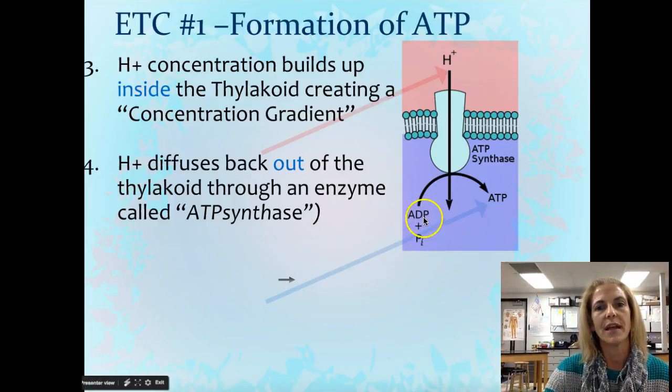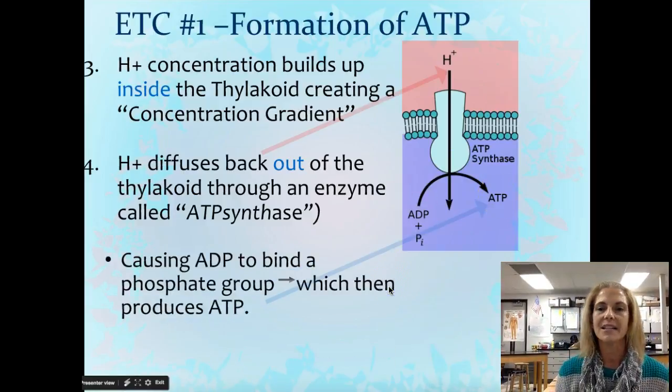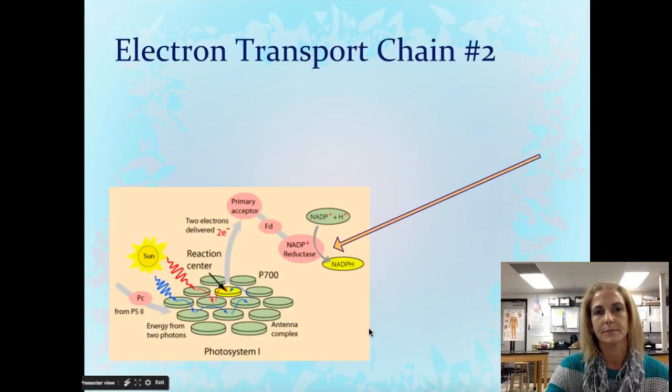This puts ADP and phosphate together to make ATP. That's the cell's energy. That's why I'm not going to need the sun later, because I'm storing the sun's energy ultimately in the form of ATP. So ADP is converted into ATP.